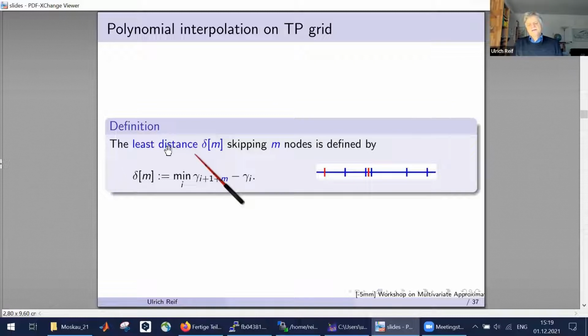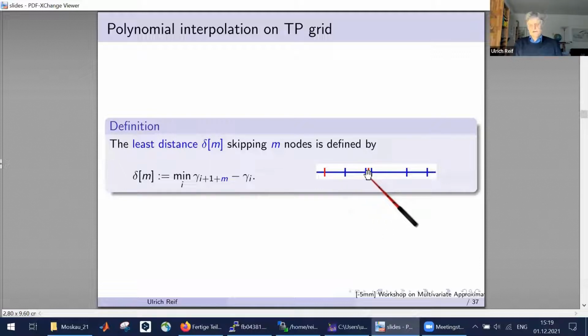I define now the least distance delta depending on m in such a way that m is the number of skipped nodes. So in my little example here, the m is 2, so I'm considering the distance between this node, and then I skip these 2 nodes, and then I take this again.